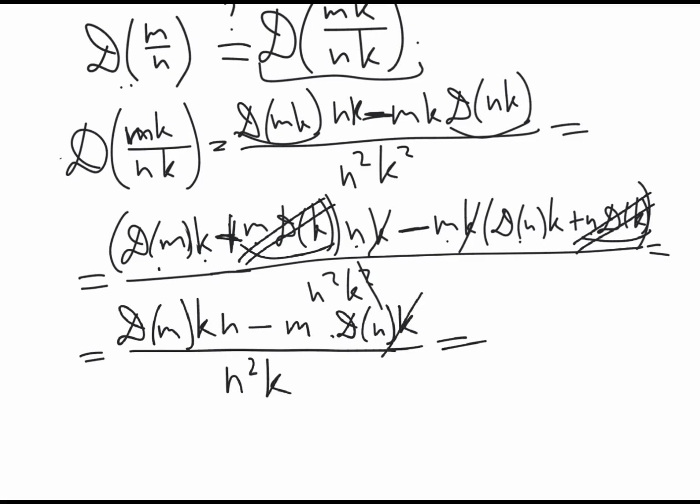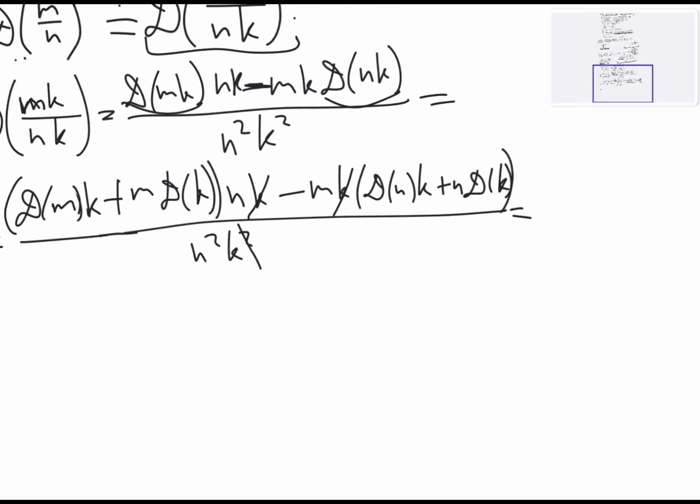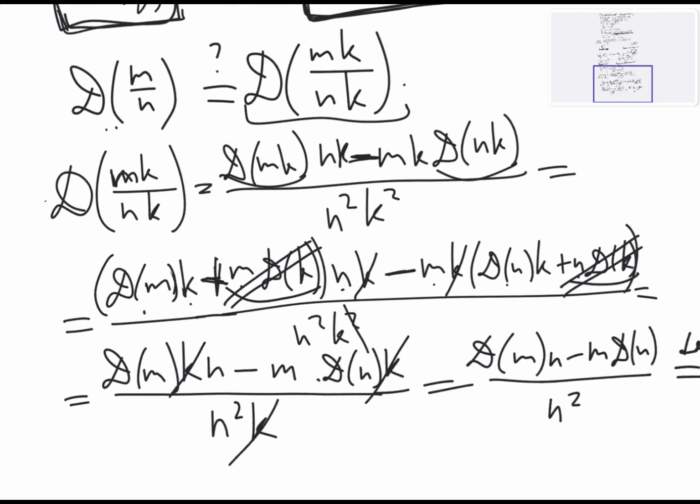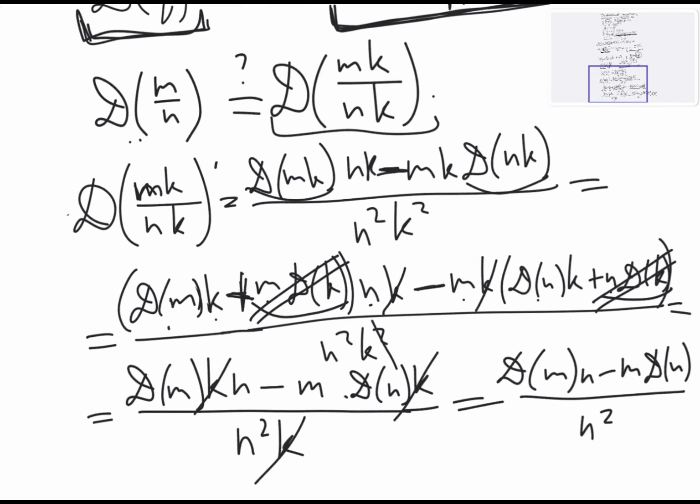Now k cancels, and what we have is d of m times n minus m d of n, over n squared. And by definition this is d of m over n. This is also by definition.